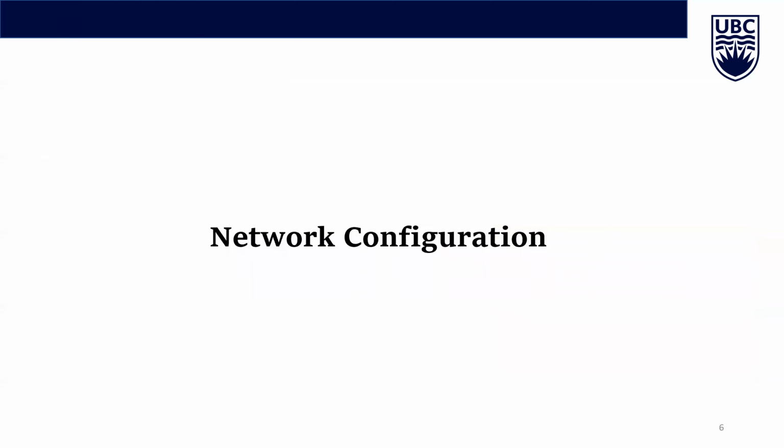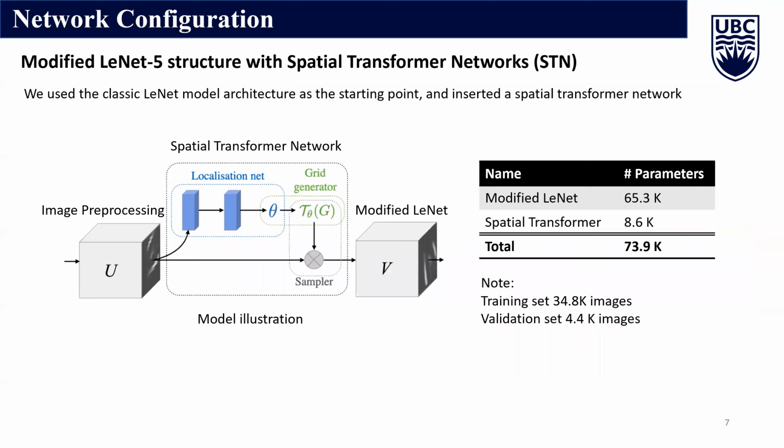Network configuration. We use the classic LeNet model architecture as the starting point and inserted a spatial transformer network. The spatial transformer network allows a neural network to perform spatial transformations on the input image in order to enhance the geometric invariance of the model.